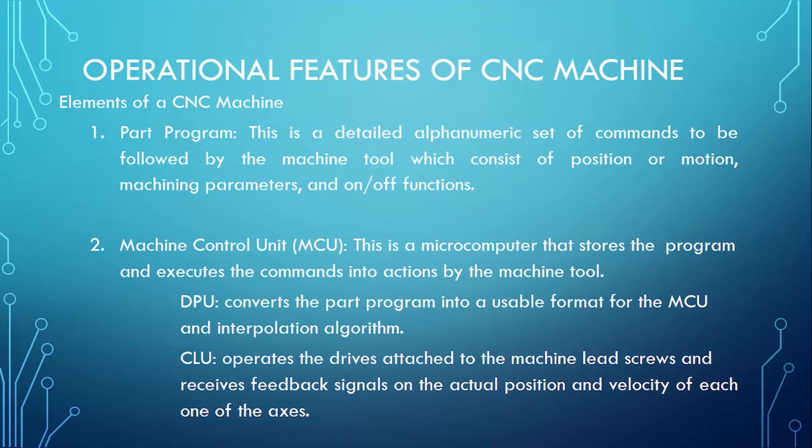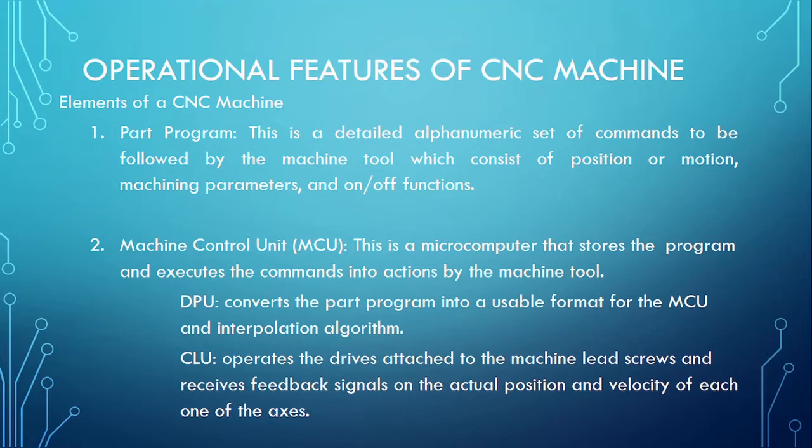To do that, the DPU consists of a control system software, calculation algorithm, and translation software that convert the part program into the usable format, and also interpolation software to achieve the smooth motion of the cutter and for editing of the programs.